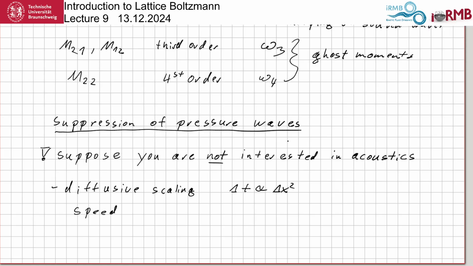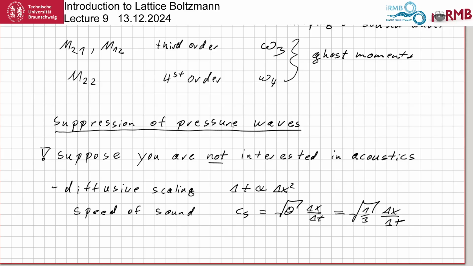The speed of sound, Cs, is the square root of theta delta X by delta T. Of course, this is the square root of 1/3 times delta X by delta T.